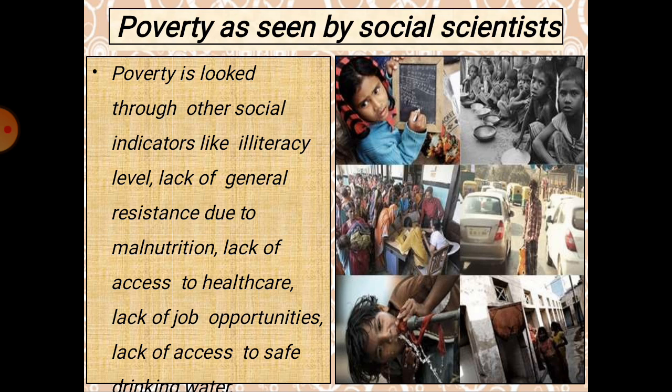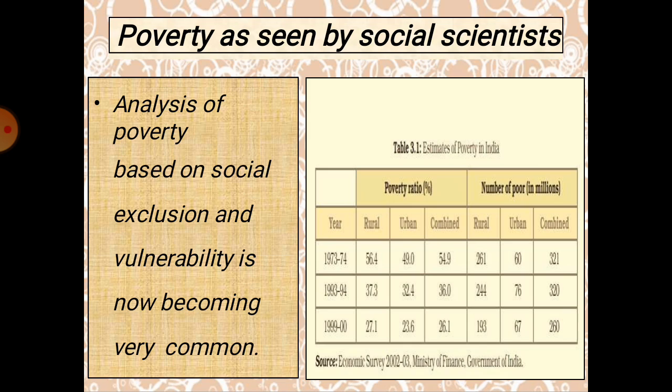General resistance means when you get a common cold and all, you should be resistant enough, only then within 2 or 3 days the cold gets relieved from you. So those kinds of things are there. And lack of access to health. They're not going to the healthcare center at all, and they don't have proper job opportunity, and drinking facility is also very limited for them. This is how they are looking at it.